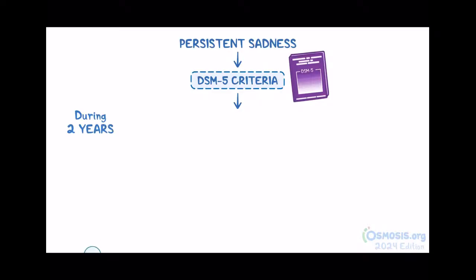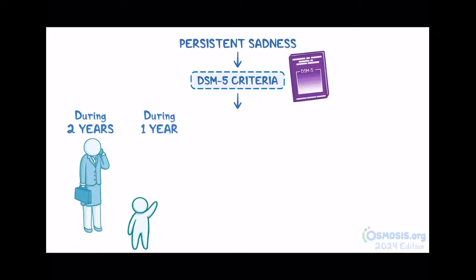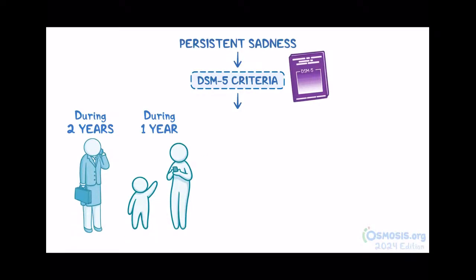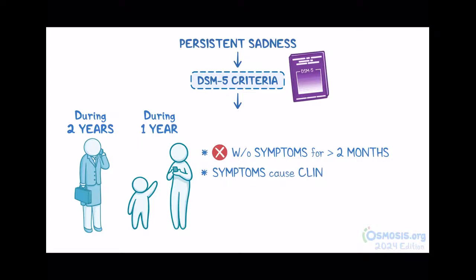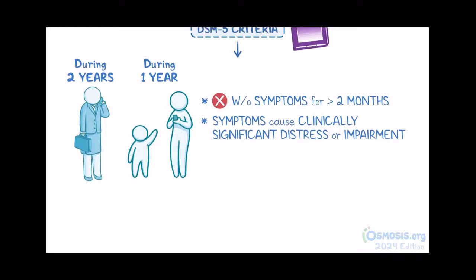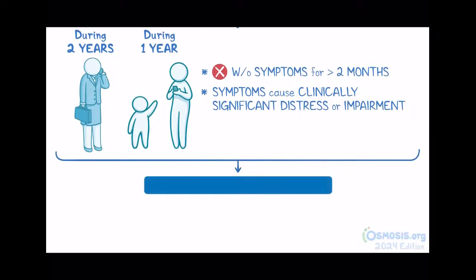Next, during the 2 years in adults and 1 year in children and adolescents, the patient has never been without symptoms for more than 2 months. Finally, symptoms that the patient is experiencing must cause clinically significant distress or impairment. If the patient meets the criteria, diagnose persistent depressive disorder.